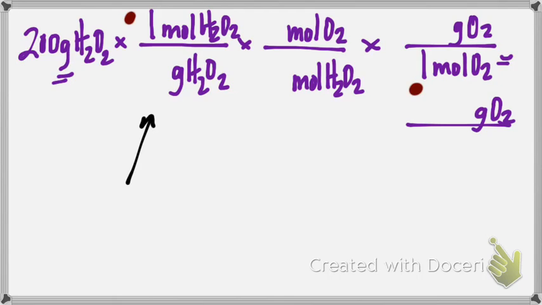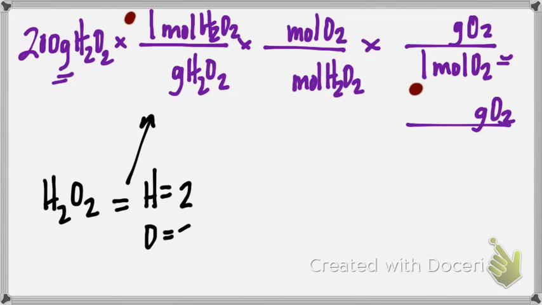Well, in this case, I'm going to take H2O2 and I'm going to break it down. And I'm going to find the molar mass. I have 2 atoms of hydrogen, I have 2 atoms of oxygen. I look on my handy dandy periodic table, and I'm going to find that each hydrogen is at 1.01. I'm going to multiply it by 2 to get my total mass for hydrogen at 2.02.